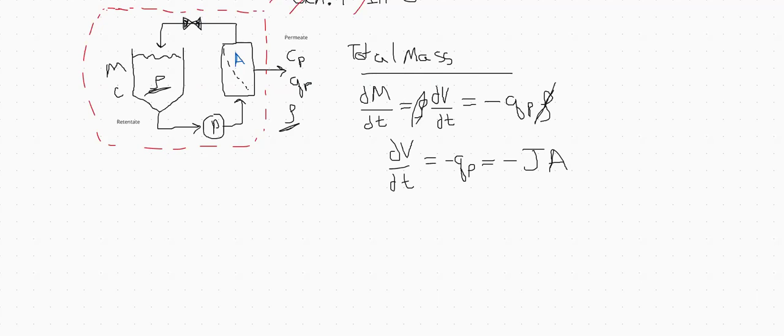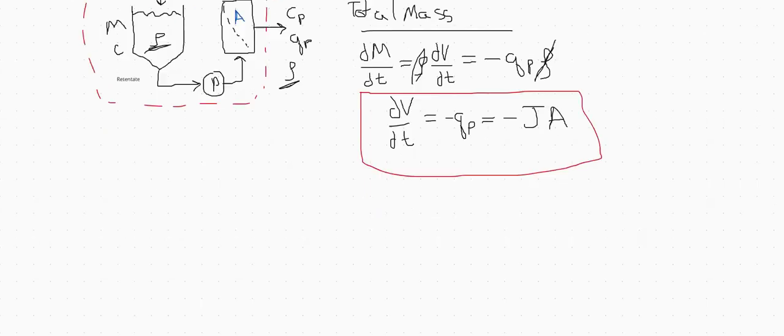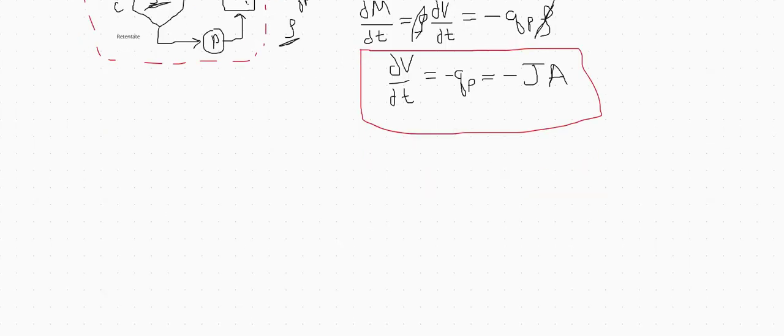I'm just going to circle this because we're going to need it in just a little bit. Okay. Now we can write the mass balance for a solute in the system. So I can write the solute.